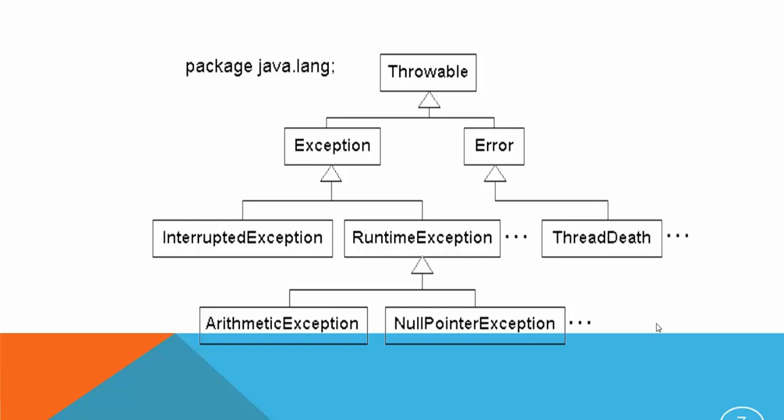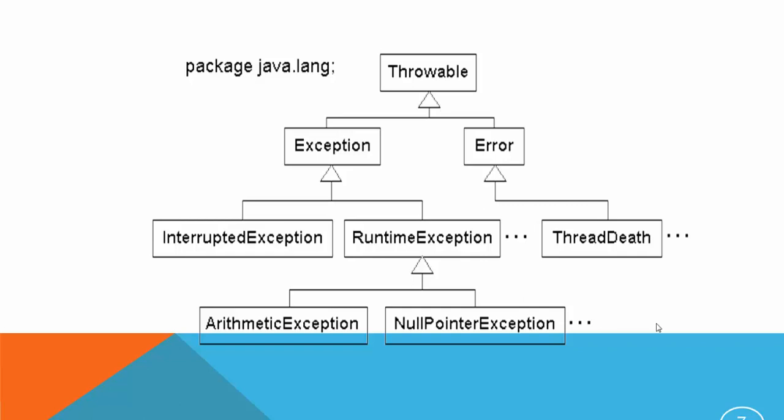Then on the error side, we have, say, ThreadDeath. So some thread is crashing, or there is some problem with the Java Virtual Machine during execution of the program. Those kinds of problems come in the category of Error. So errors generally we don't handle. In the case of exceptions, we have to handle checked exceptions.